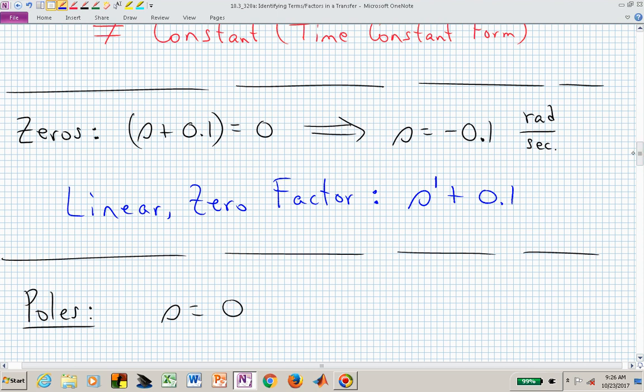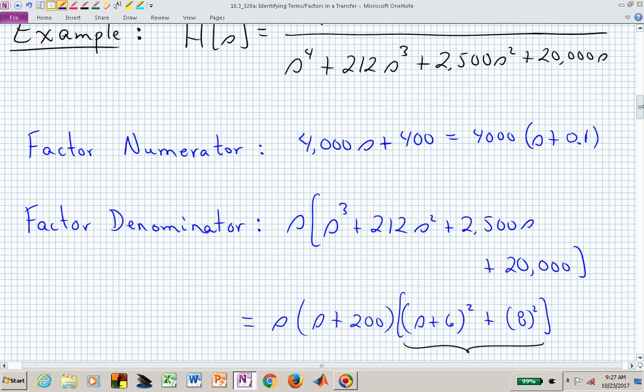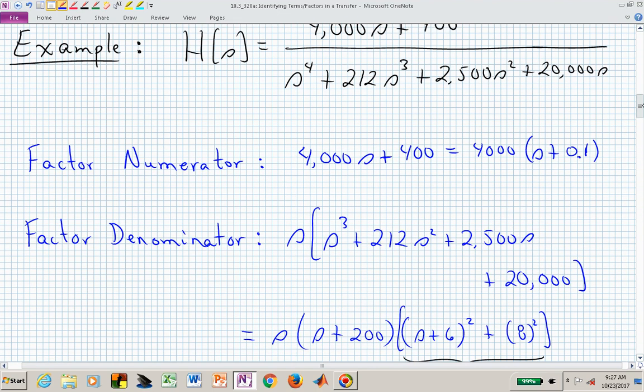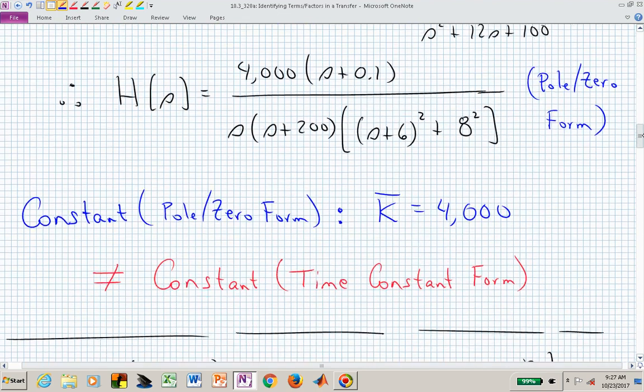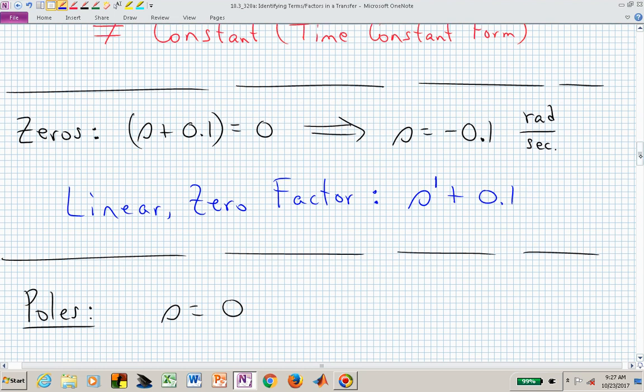If we look at the poles, because s was common to all of those terms in the denominator originally, we actually end up with one of the factors, when we set that equal to 0, is in fact s equal to 0, and that's 0 radians per second, or dc. We'll be referring to that in many different ways.